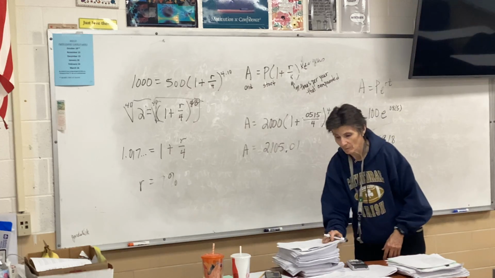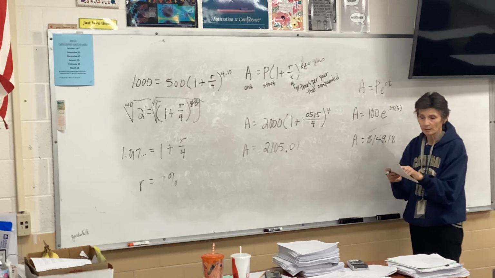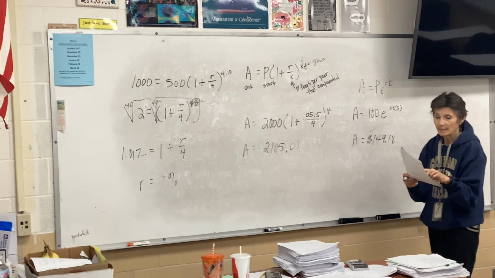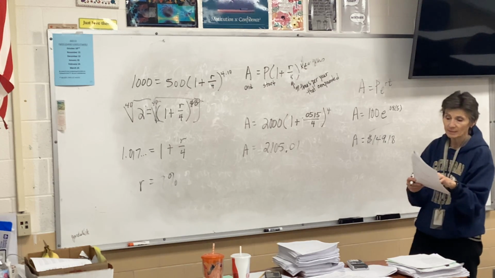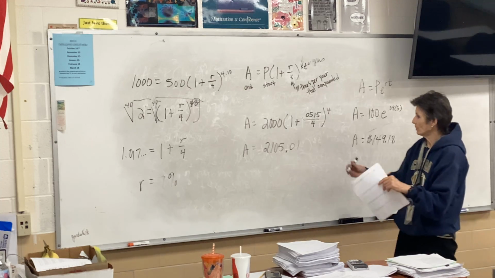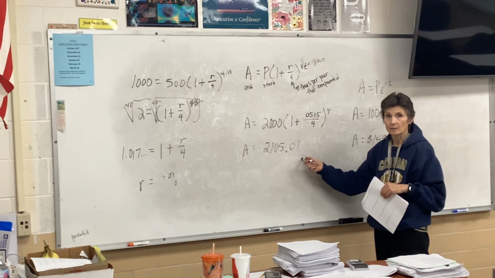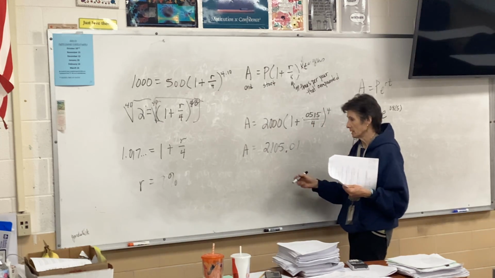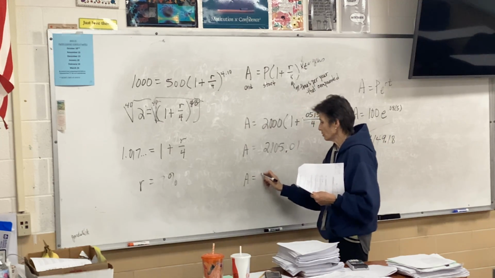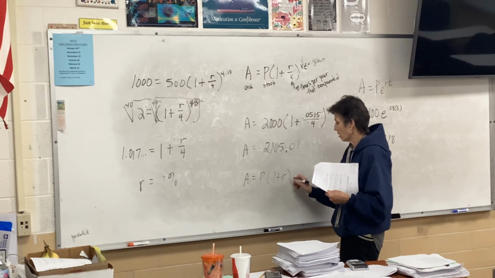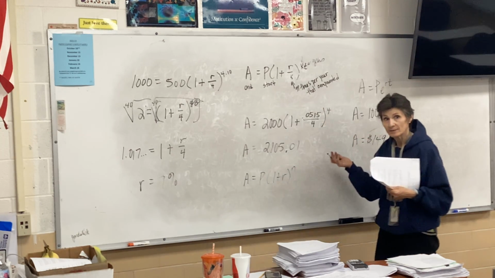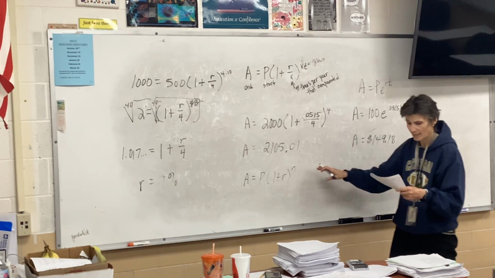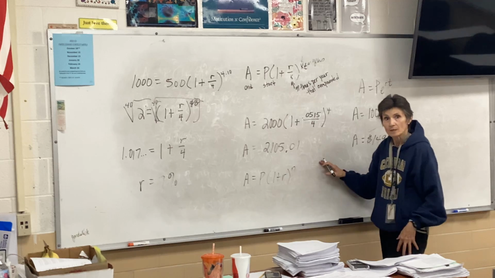Now, your annual percentage yield, if you look back at the little blurb in your notes about it, says it's the percentage rate that compounded annually would yield this same return. So I erased it, but our compounded annually formula is A equals P, 1 plus r to the n.